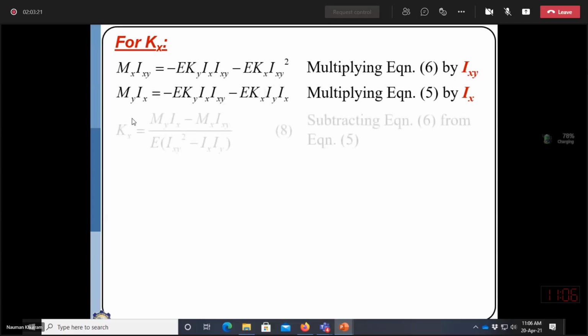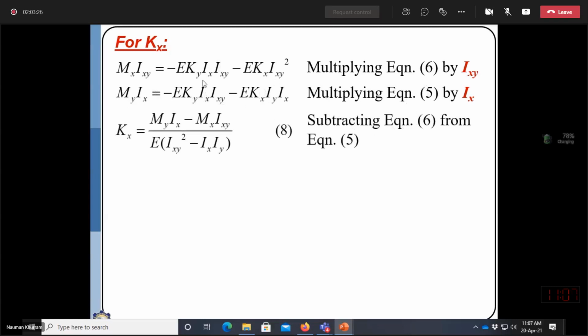Then, subtracting equation number 6 from 5, these parameters will be cancelled out, and we will have an expression for the curvature in the x direction due to the moments acting about the y-axis and x-axis. If we are given the moments acting about the centroidal axes, My and Mx, and the geometric properties, the second moment of inertia about the centroidal axes, then we can determine curvature kx.